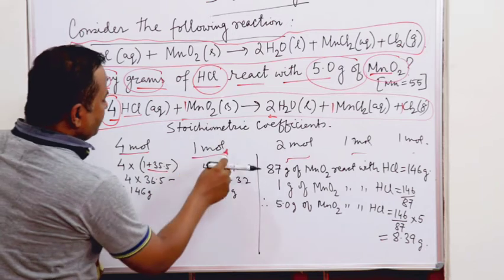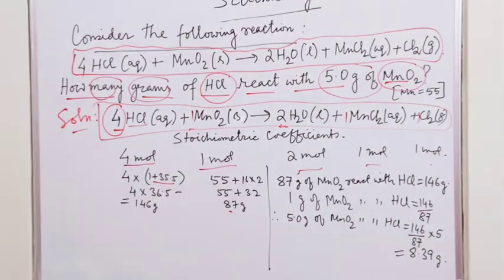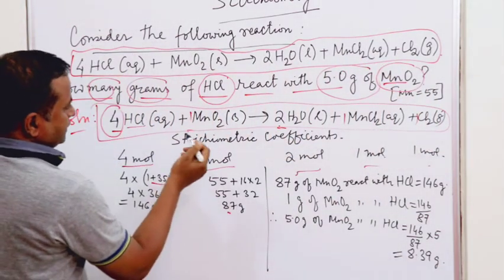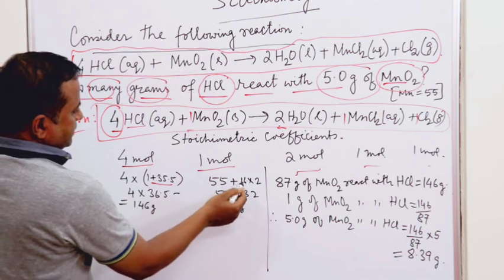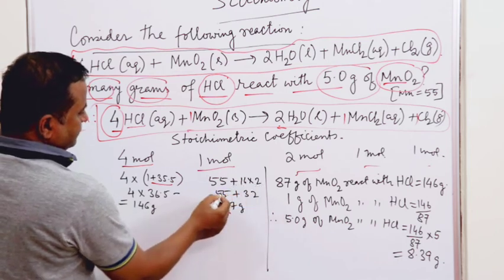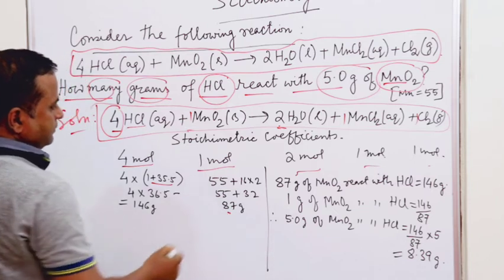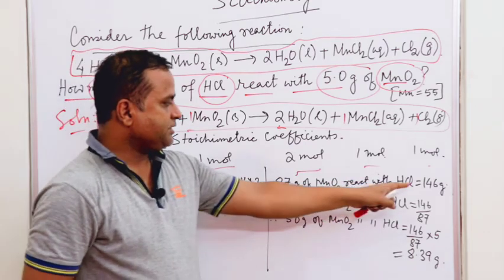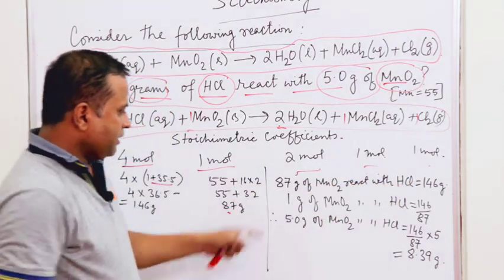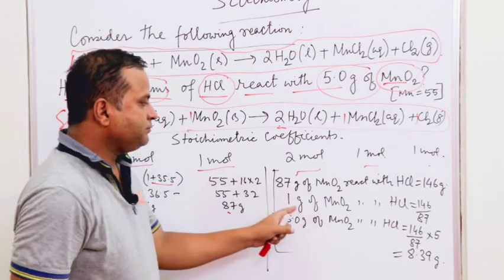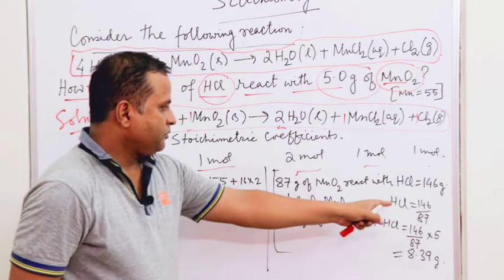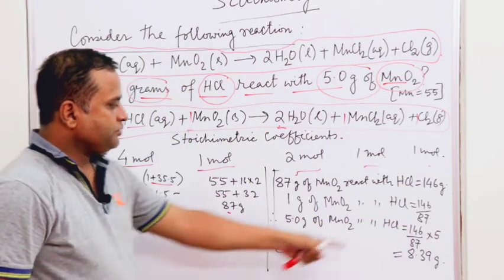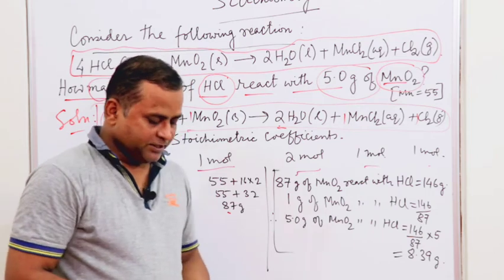Now the mass of MnO2, that is 55 plus 16 into 2, so that is 55 plus 32 gives 87 gram. So 87 gram of MnO2 react with HCl equal to 146 gram. We are here applying unitary method. 1 gram will react with HCl equal to 146 by 87, and in the question you are asked for 5 grams, so just multiply by 5 and you get the answer, that is 8.39 gram.